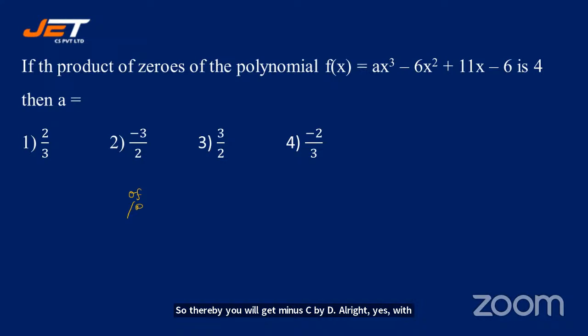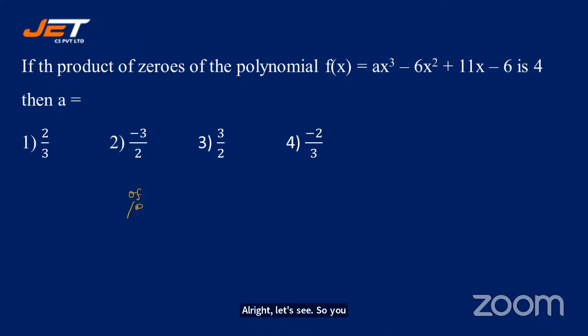If the product of the zeros of the polynomial f of x equals ax cube minus 6x square plus 11x minus 6 is 4, then what is a? All right, let's see.